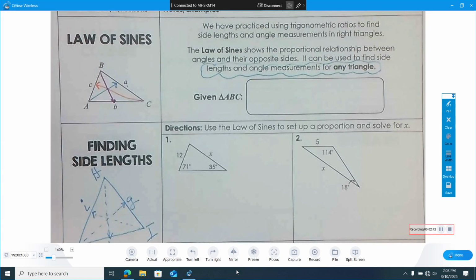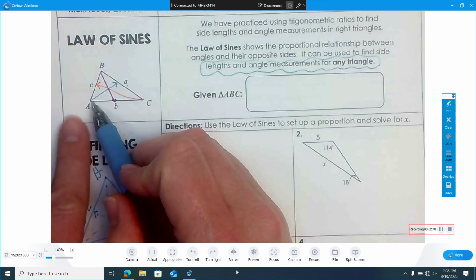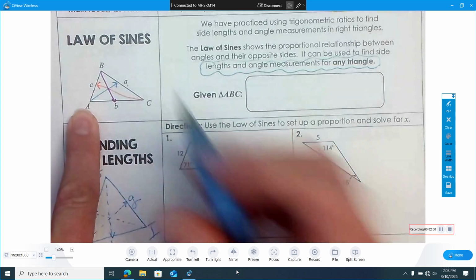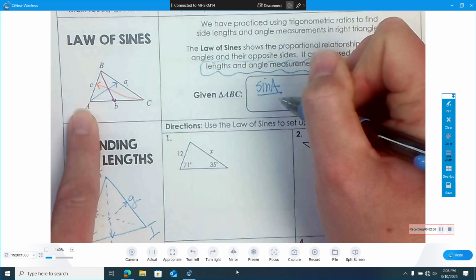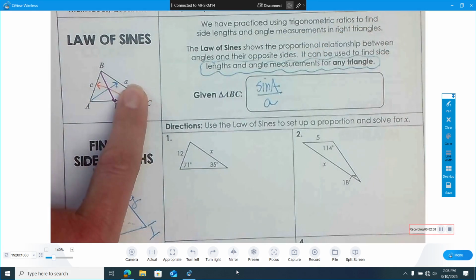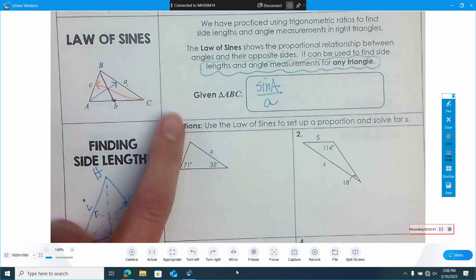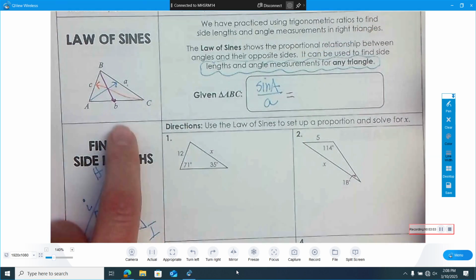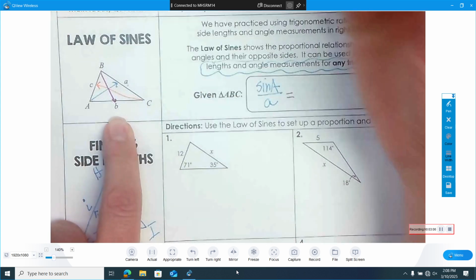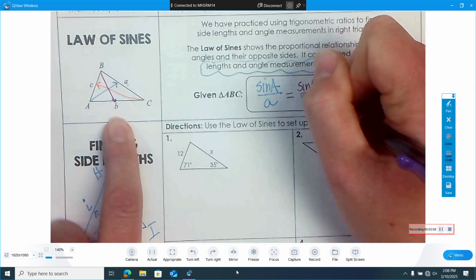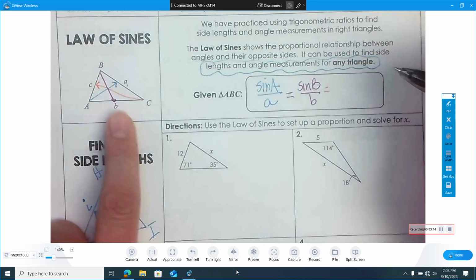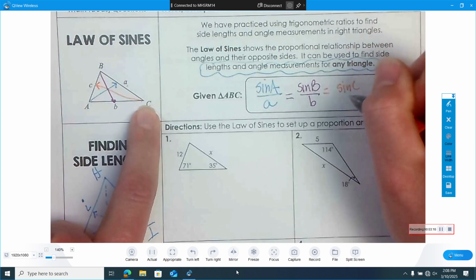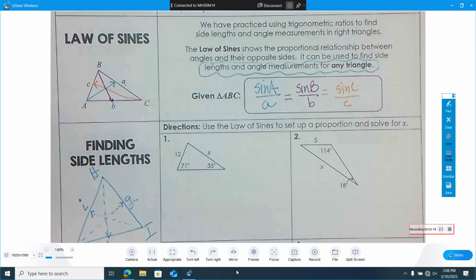All right, so it turns out that if we have a pair like opposite angle information and the side, I can write a really easy ratio. The sine of angle A over its opposite side length lowercase a is equal to the sine of angle B over the side length b, and the sine of angle C over its opposite side.